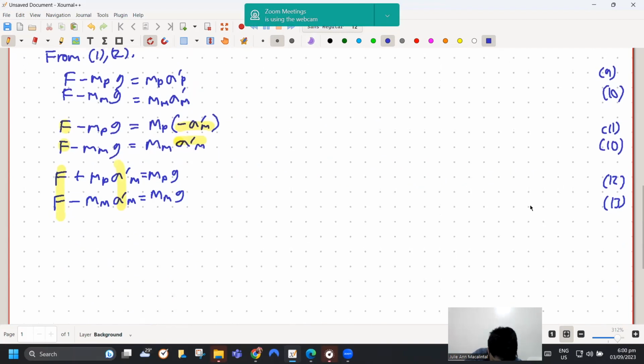And then, pakita mo na yung solution using algebra. Ayun, tama na po actually.